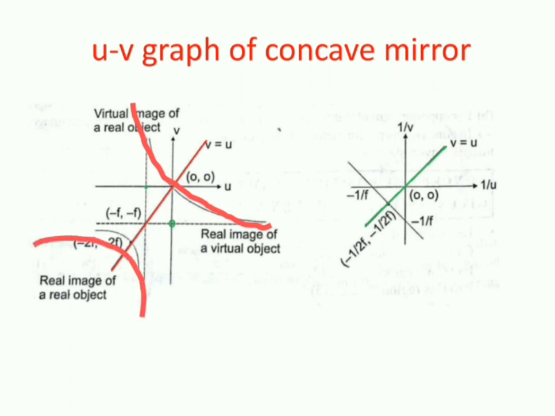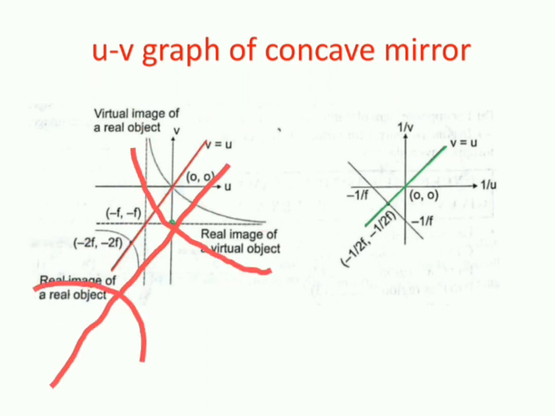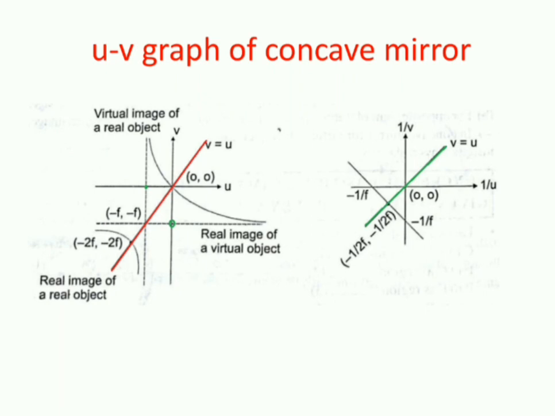And if you plot the line V equal to U, it will intersect this U versus V graph at the coordinate minus 2f comma minus 2f. So this point you have to remember. When you have done the practical, 2f comma 2f is the point of intersection of the V equal to U line with the UV graph. So based on this point, you can calculate the focal length of that particular mirror.